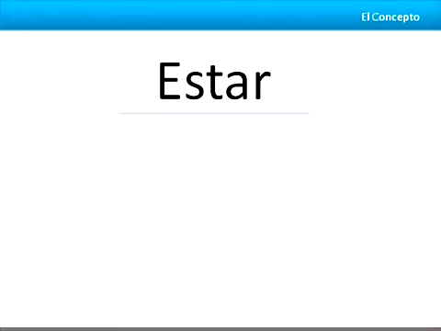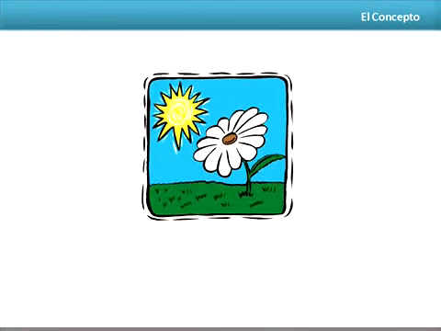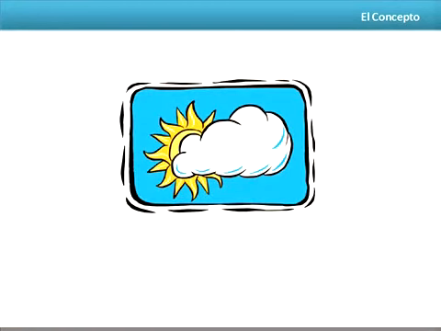The verb estar can also be used to describe certain weather conditions, and it's used in the third person singular along with an adjective. Let's see a few examples. It's sunny. Está soleado. It's cloudy.